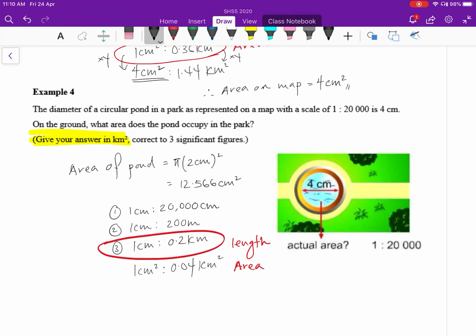Now, the area of the pond, 12.566 cm square, is on the map. From here to here, we multiply by 12.566. So on the right side, we also multiply by 12.566, and I get 0.50264.